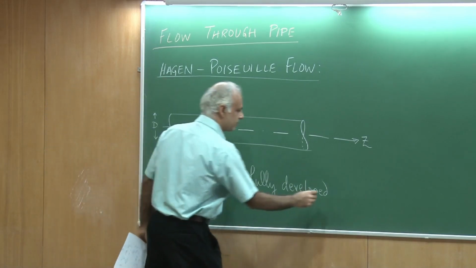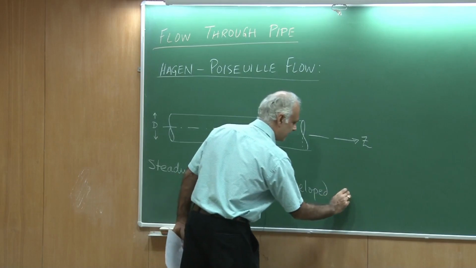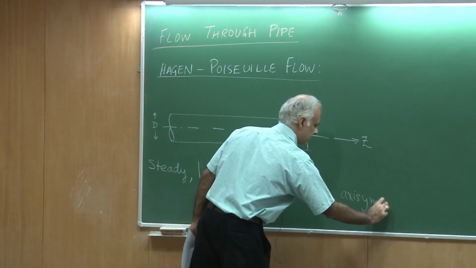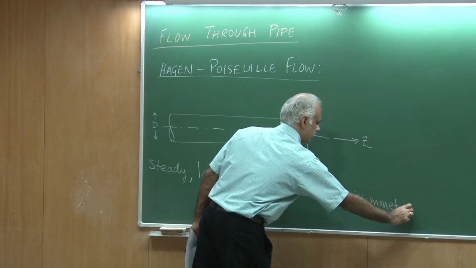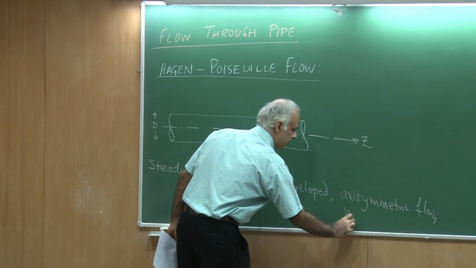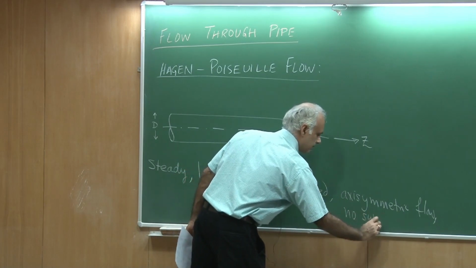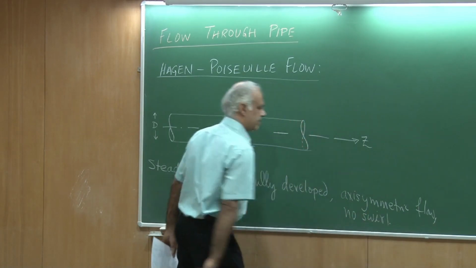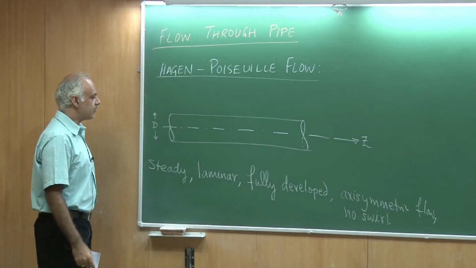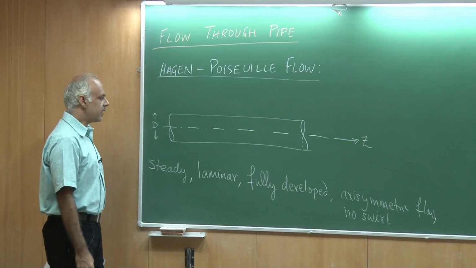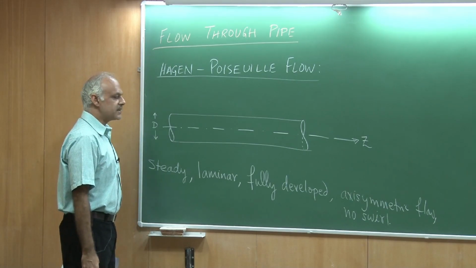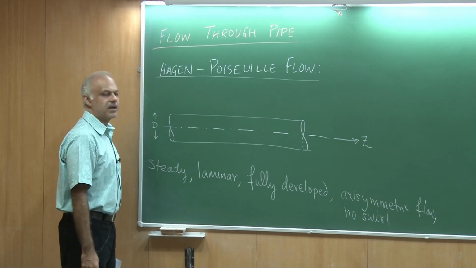We also assumed in this analysis that it is an axisymmetric flow and there is no swirl, that means there is no angular speed of the flow in this pipe. And we were able to show that for this very special case, the velocity profile is parabolic.